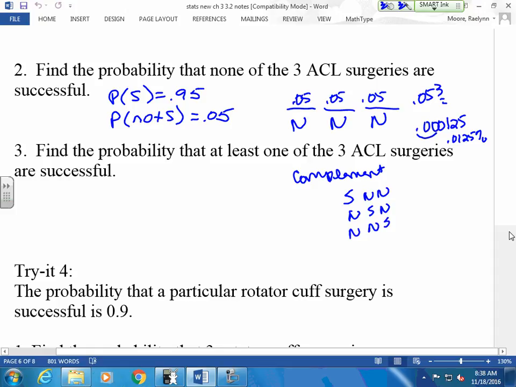What is the only thing I can't have? Well, no, I can have 2 successful. I can have 1, I can have 2 successful. All 3 of them can't be what? All 3 of them can't be not successful. I always have to have an S in here.